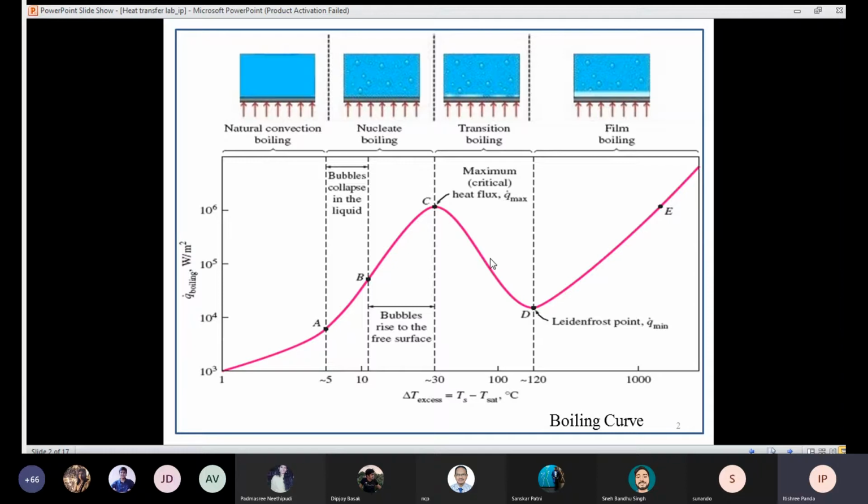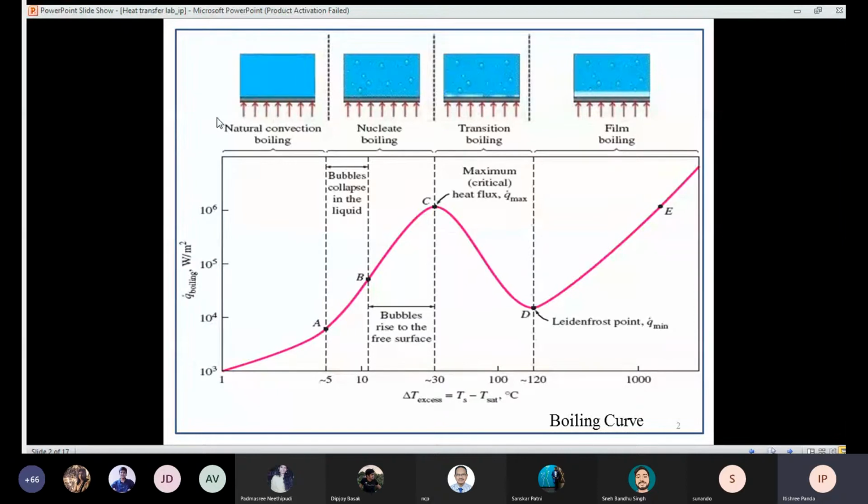So we have one nichrome wire underwater, and we are going to see its critical heat flux. At very low values of delta T, the heat flux slowly increases, but the quantity of the flux is very small here. So it is essentially governed by natural convection.